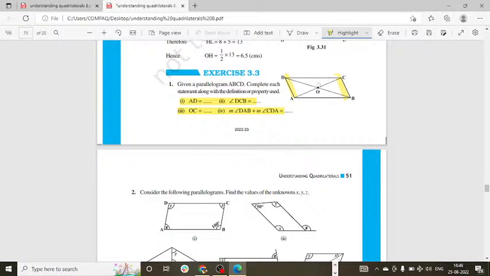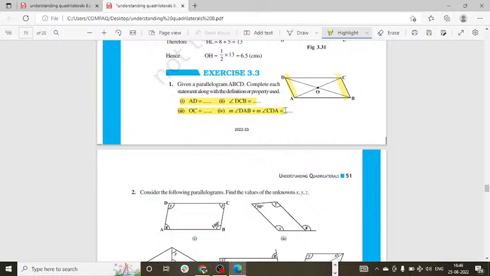Angle DCB is equal to angle DAB, so DAB will come here. And OC is equal to OA, as when we proved it we found that OC is equal to OA.